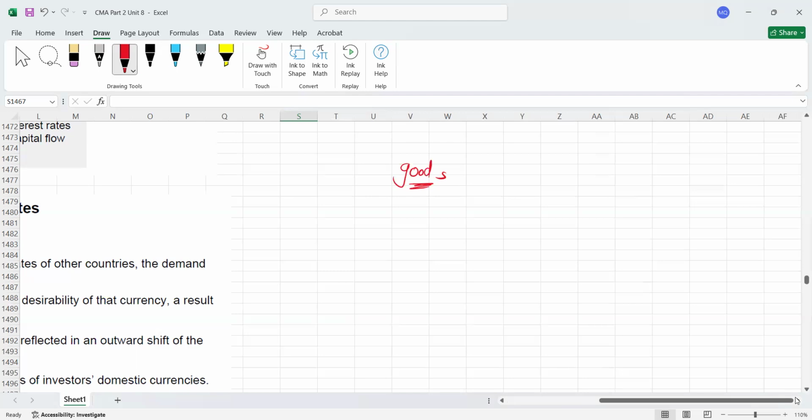On the price tag it's written that the price of this shirt is 100 dirham, AED, and if you are paying in US dollars, it's $20.